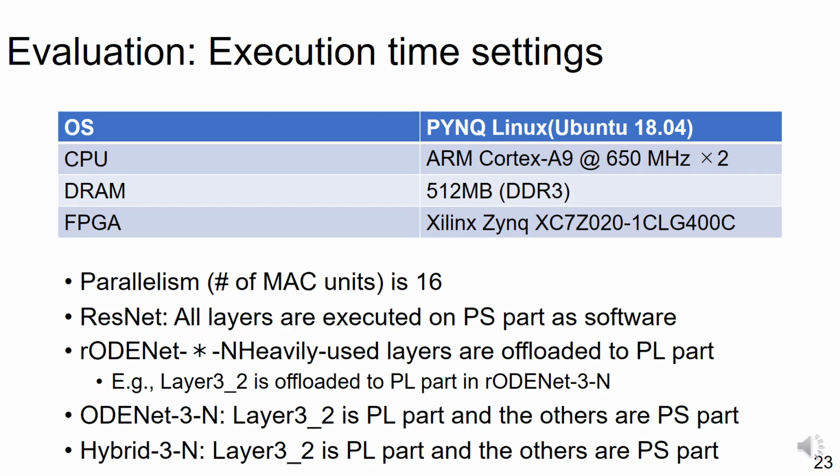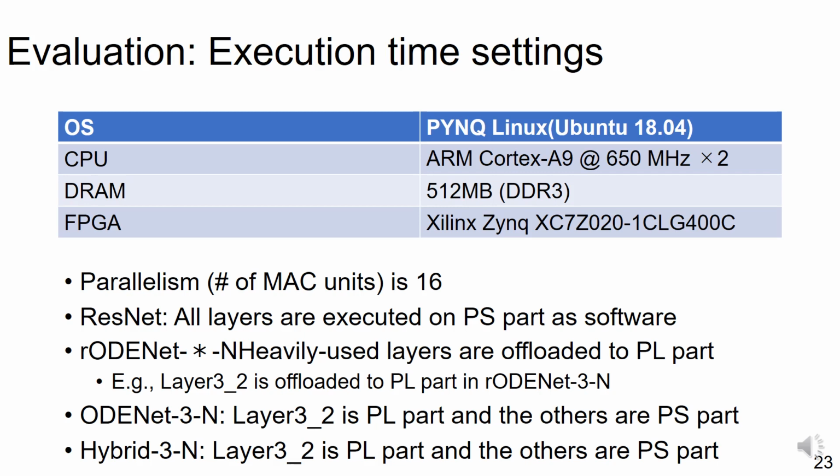In the PS part, two ARM Cortex-A9 processors are running at 650 MHz, and the operation frequency of the PL part is 100 MHz. We make an optimistic assumption that data transfer latency between the PL and PS part is 1 cycle per float. In the PL part, we use the results when the parallelism parameter is 16 to evaluate the maximum performance.